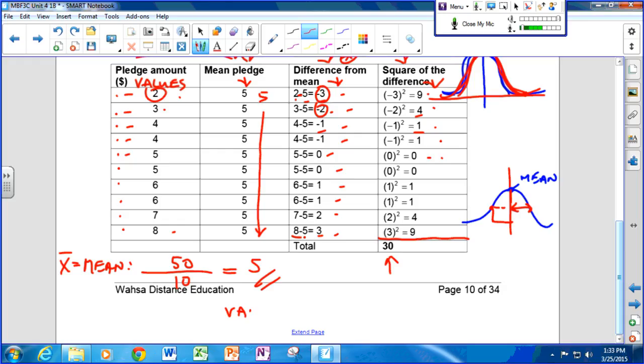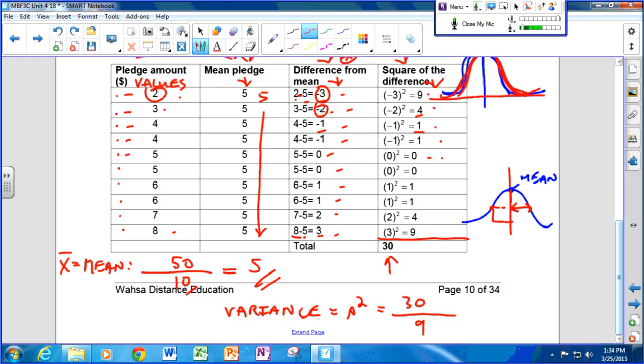The variance, known as little s squared, is basically the sum of the squares of the differences, in this case 30, divided by the number of values in the set minus 1. Be careful here. We know there are 10 items in this set, but 10 minus 1 is 9.